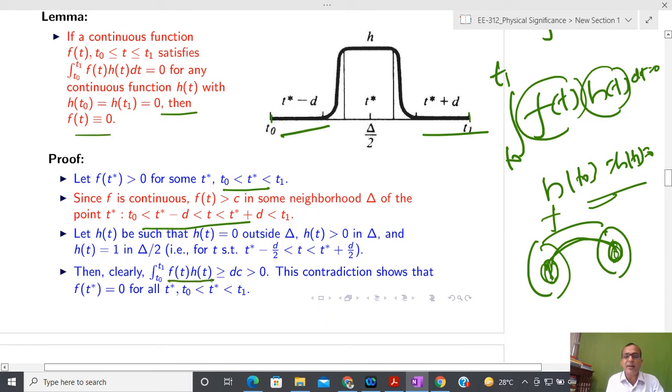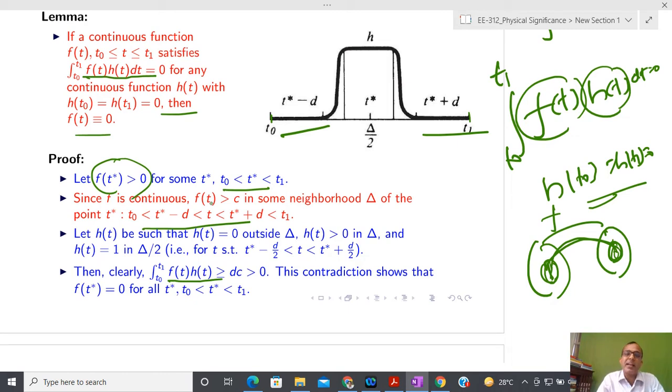It means that whenever I assume that f(t*) is greater than 0 on any interval, I cannot get the integral of the multiplication equal to 0. So by proof by contradiction, f(t) has no other choice but to equal 0.